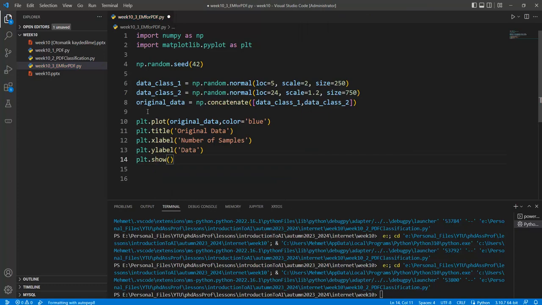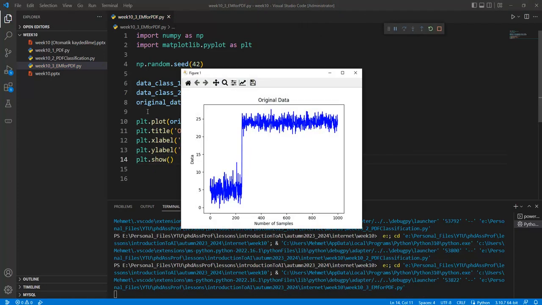Okay, like this case, I have drawn this picture in the what? In the expectation maximization algorithm or the Gaussian mixture model. Okay, this is our signal.